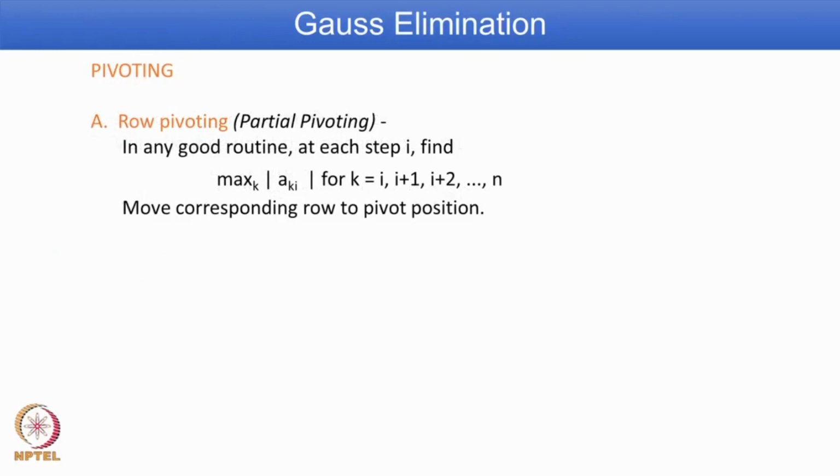So, in pivoting we have 3 different types. First one is what is known as row pivoting. It is also otherwise called partial pivoting. It is good for many situations. At every step i we find the maximum corresponding to k i to n, and all other elements are adjusted for that maximum value.